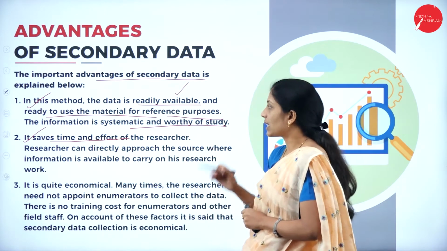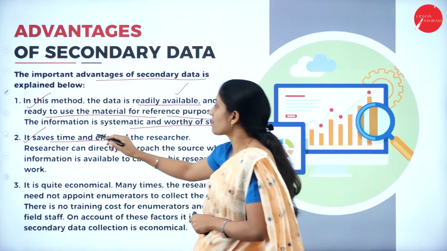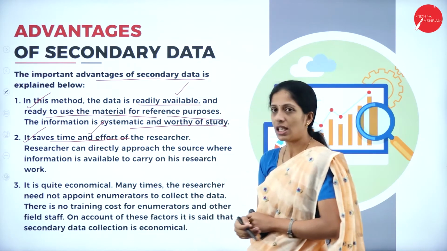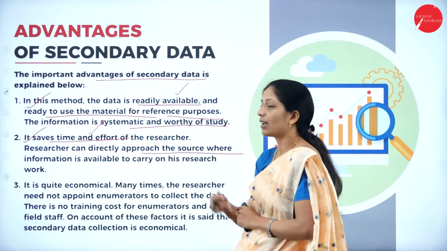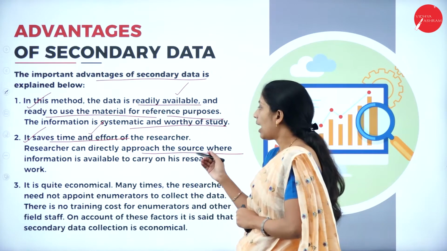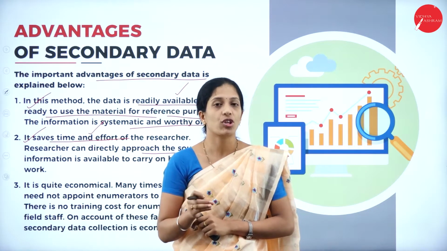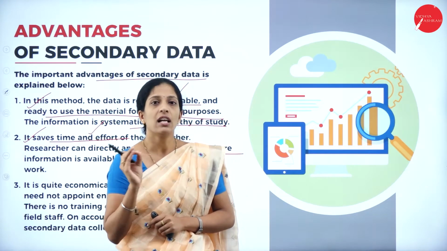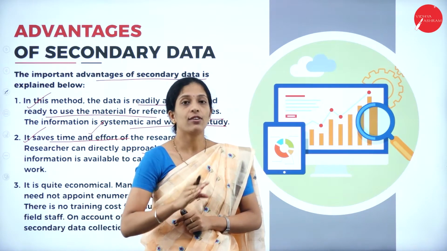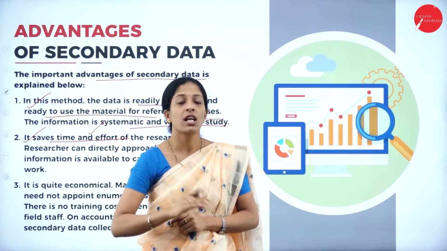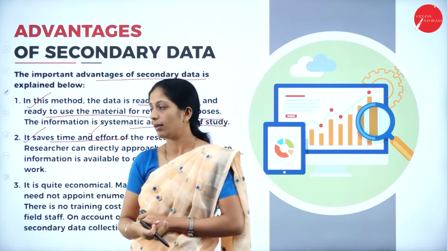But in secondary data, he is just going to refer to that information. The researcher can directly approach the source where the information is available and carry on his research work. If we know where the information is available, he can directly go there and collect it. He need not meet each and every respondent, and he need not travel many kilometers to collect the information.